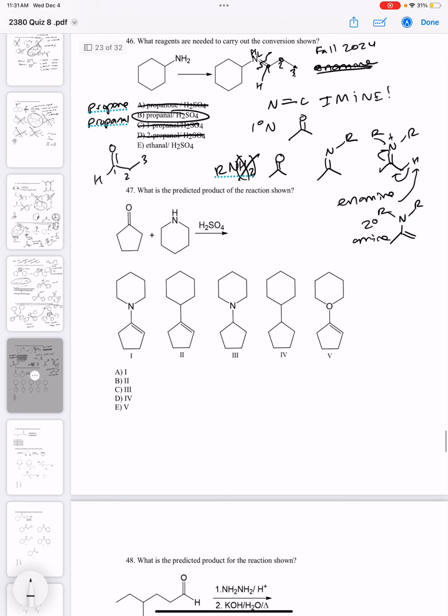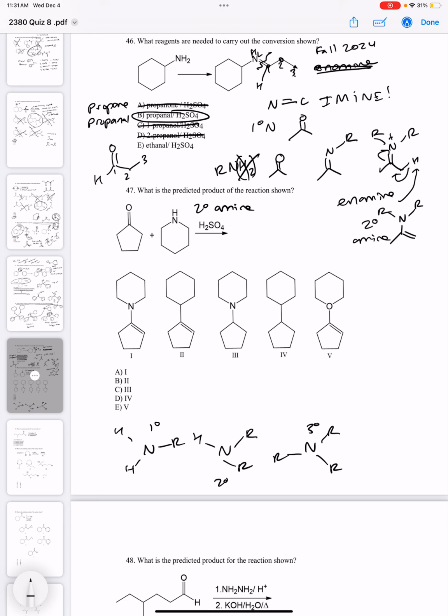What is the predicted product? Oh, here we go. This is a secondary amine. Remember, primary amines have one R group and two H's. Secondary amines have two R groups and one H. And tertiary amines have three R groups, and they don't react with carbonyl compounds. So this is secondary, so this makes an enamine.